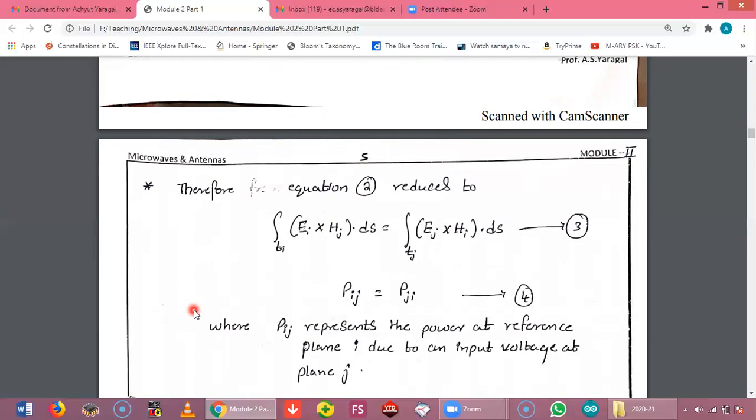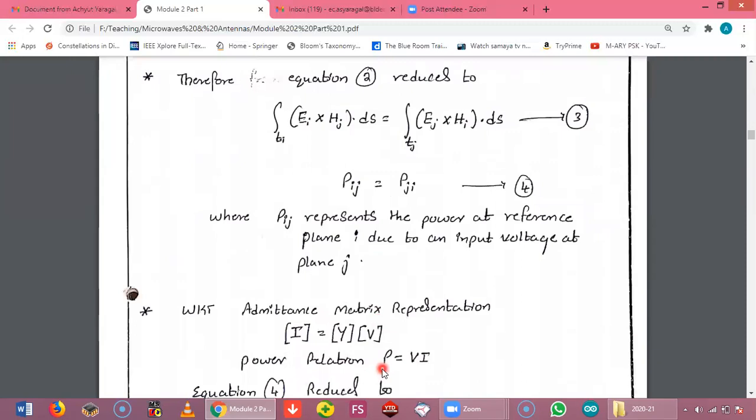In the same way, Pji is also represented as the same thing, that is, the power at reference plane J due to the input voltage at plane I. This is what we can understand from equation number 4 here.